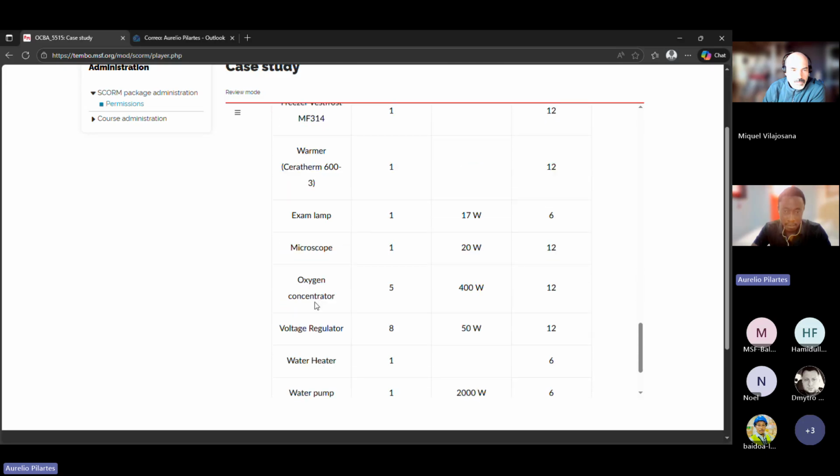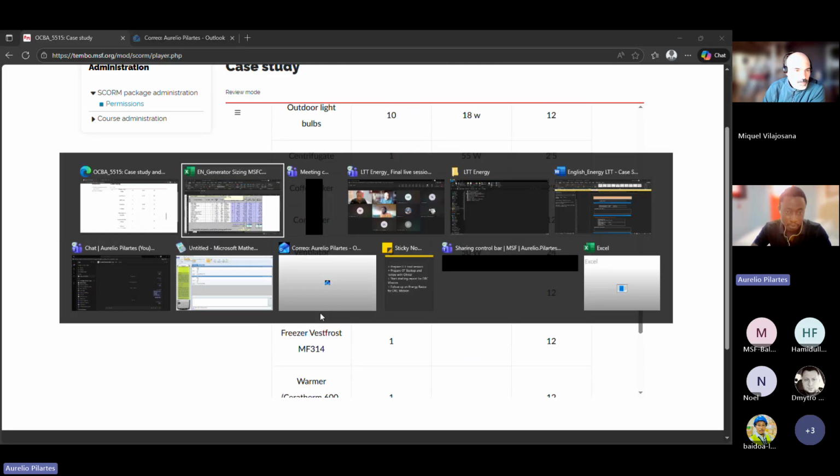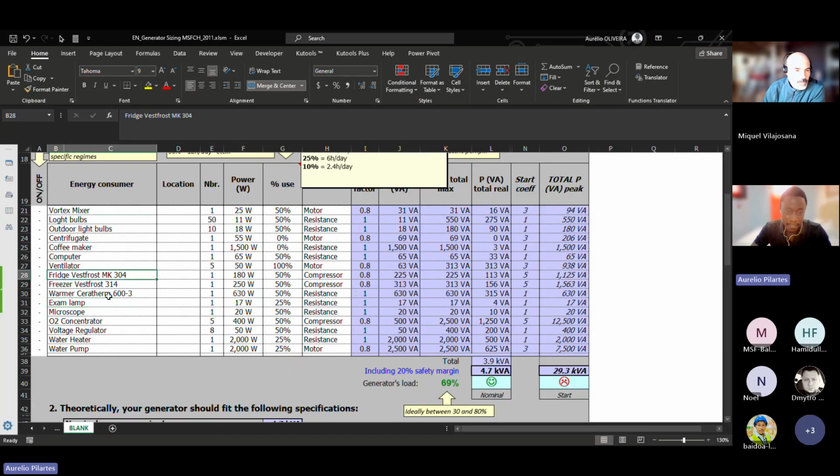We just take this whole list of equipment and put it in the sizing tool. I hope everyone could access the sizing tool. It's in the course itself and also in the Logly. You can easily find it in the Logly. If anyone has issues finding the tool, just drop me a message and we will go together through the folders to find the file.